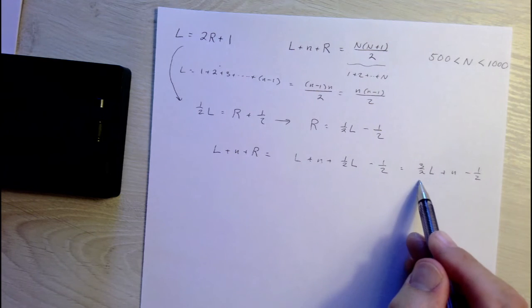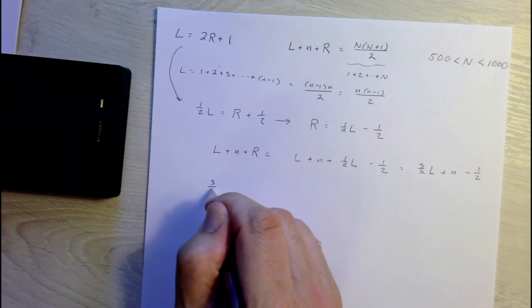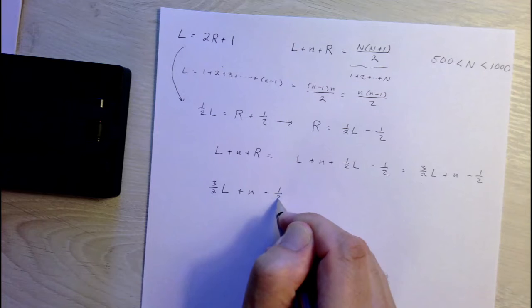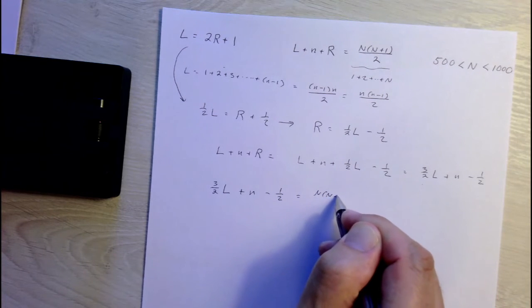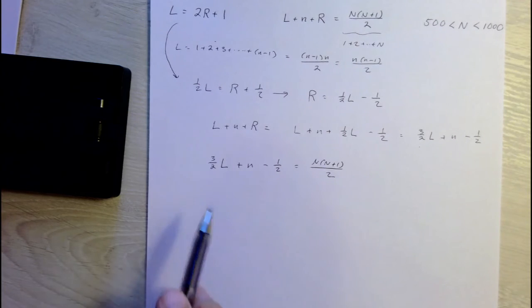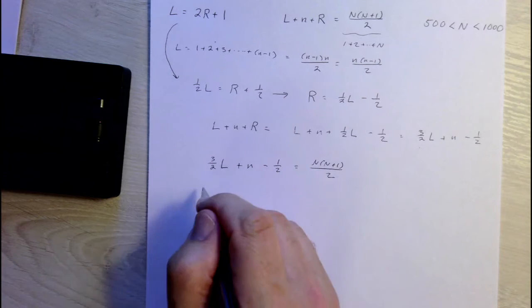So we can set this equal to this now. And furthermore, we can replace L with n times n minus 1 over 2.